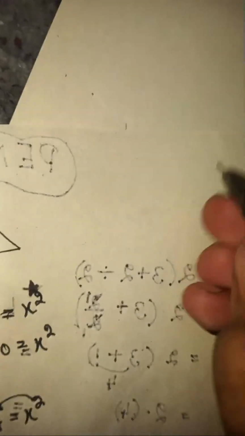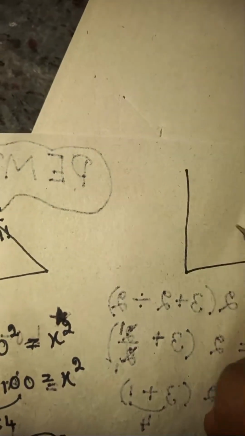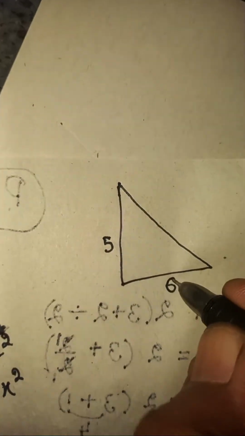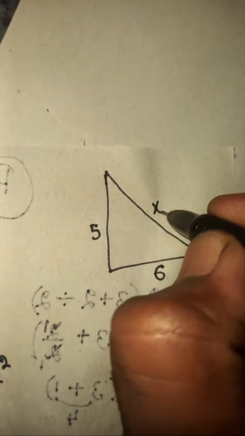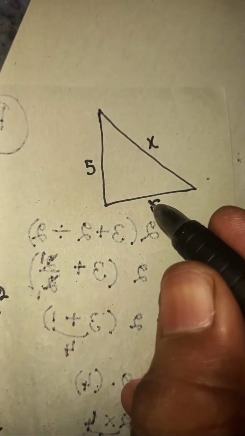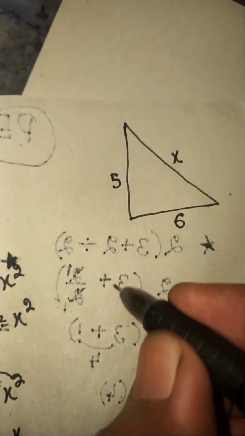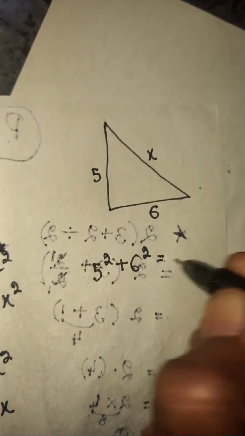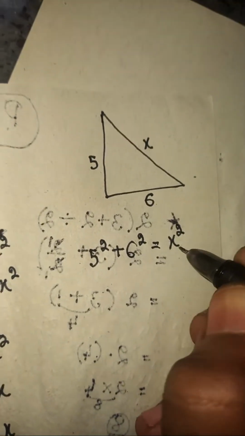Let's take even one more problem. In this problem, you can take like this. Here the side given is 5 units. Here it is 6 units. And what's the value of x? Here also this side square plus this side square equal to hypotenuse square. So it is 5 square plus 6 square equal to x square, hypotenuse square.